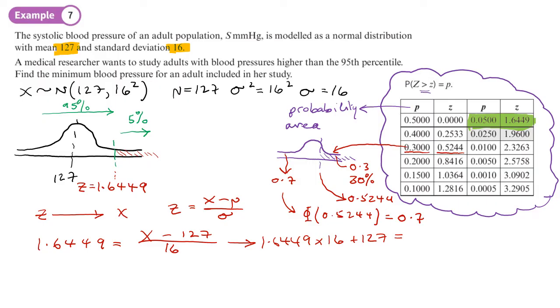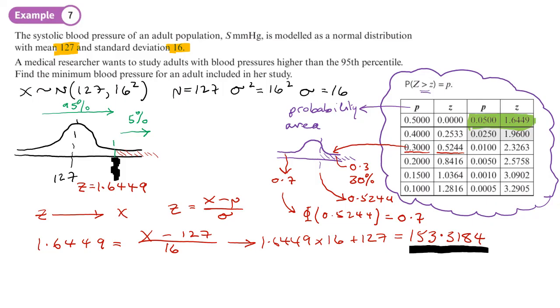Menu 1 on a calculator, 1.6449 times by 16, add 127, and I get 153.3184. Right, so that's what that Z value is in terms of X. That's what this value is here.